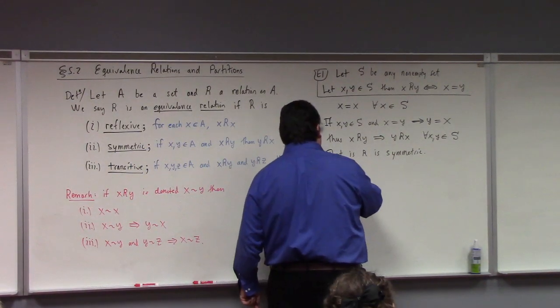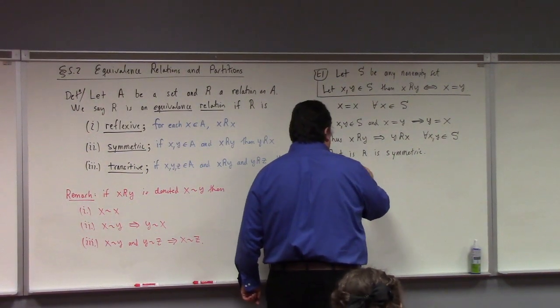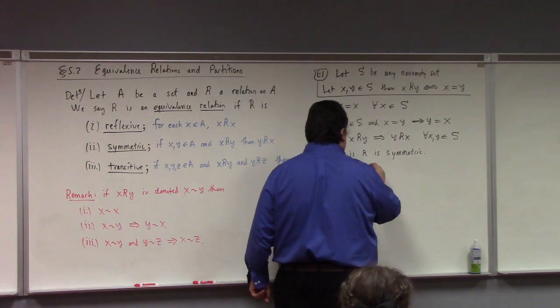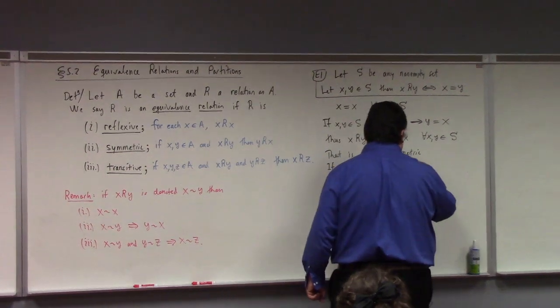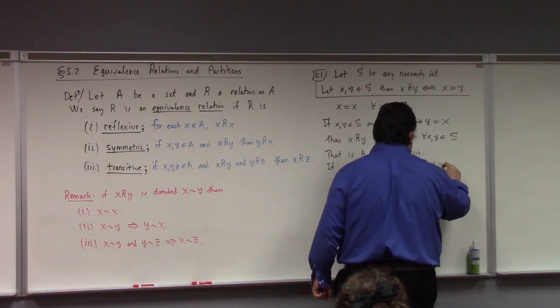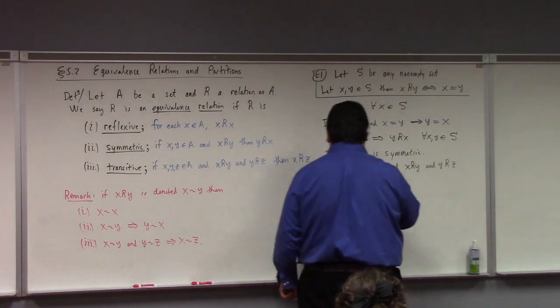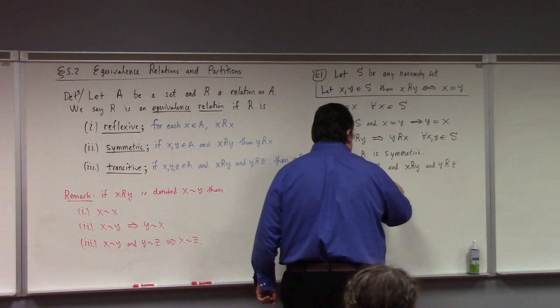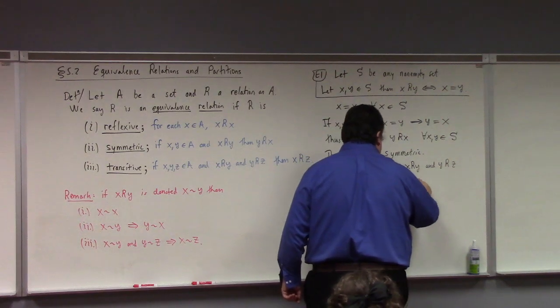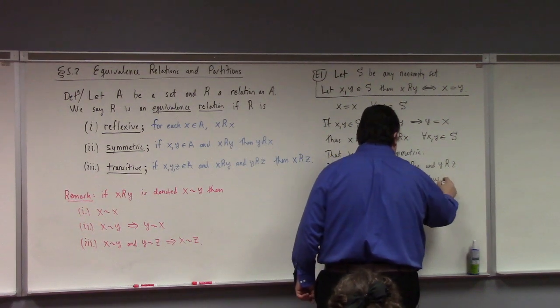And finally, if we have X, Y, and Z in S, and X is related to Y, and Y is related to Z, then what? We have X is equal to Y, and we've got Y is equal to Z. Thus what?